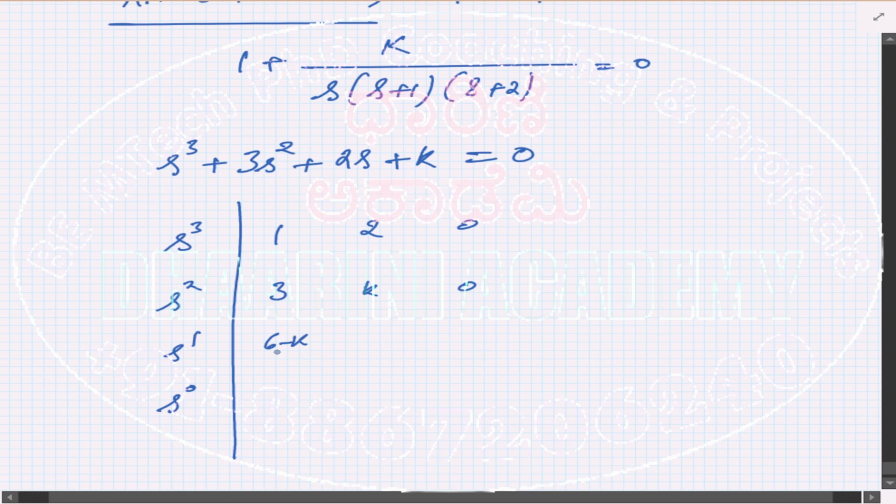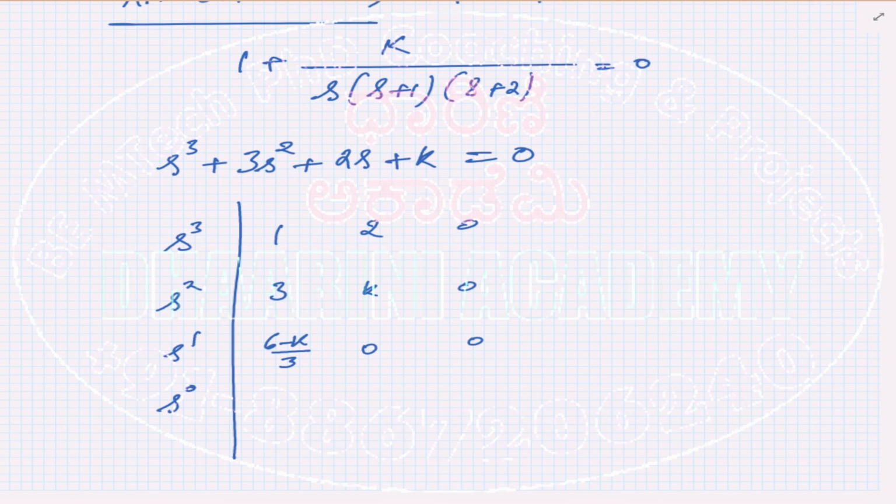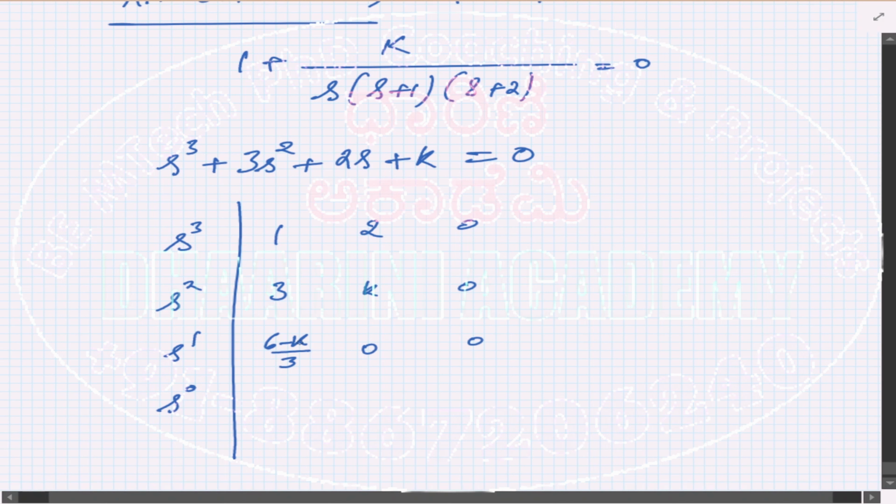The s to the 1 row is (6 minus k) divided by 3, and 0; the last row is k, 0, 0.